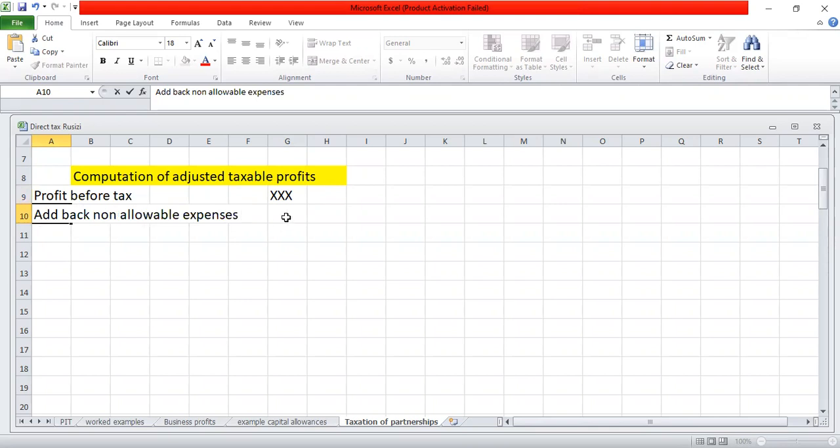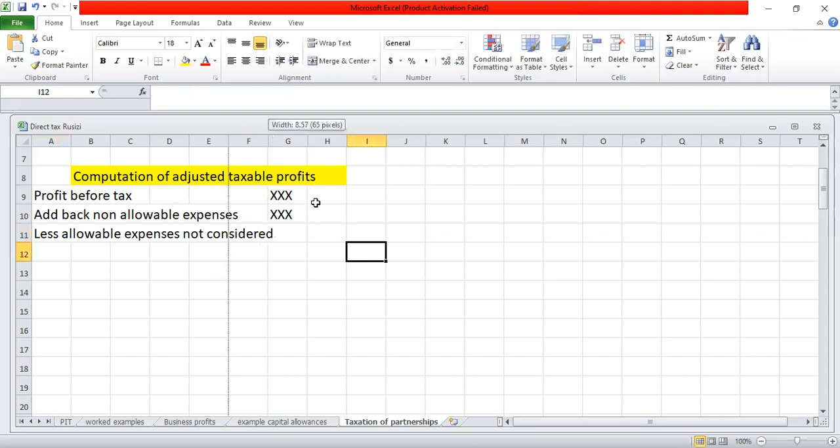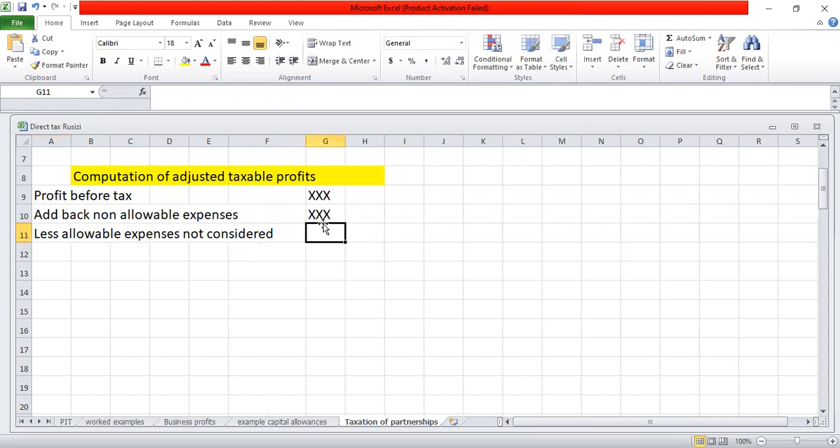Those expenses which were deducted, but are not allowed for tax, you add them back. Then we less allowable expenses not considered. They are expenses which are allowed for tax, but during computation of tax, those expenses were not considered. So you less them.